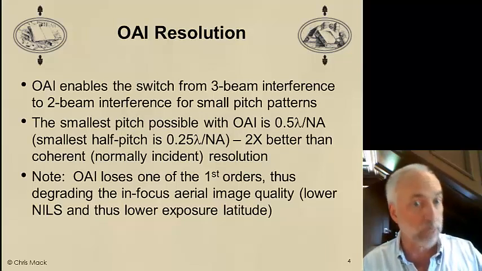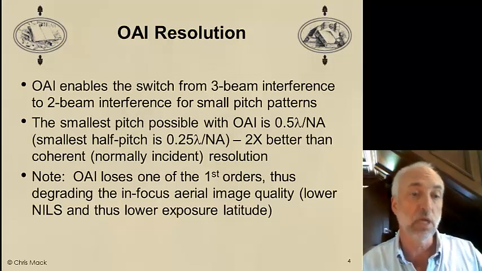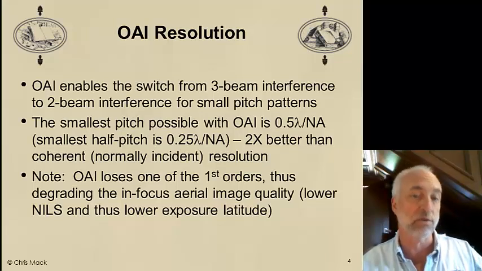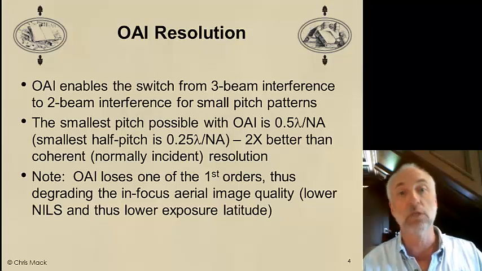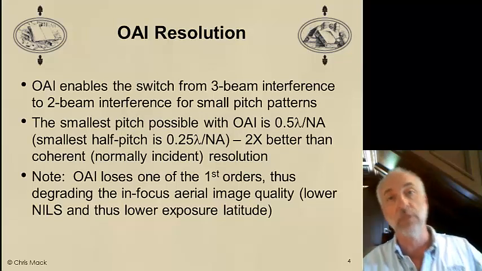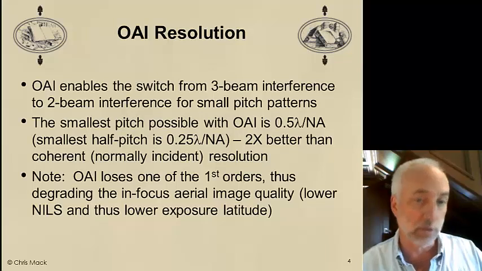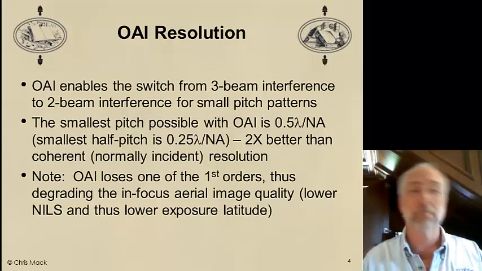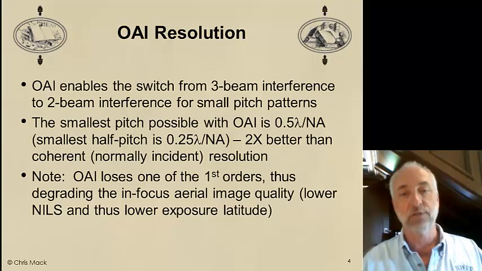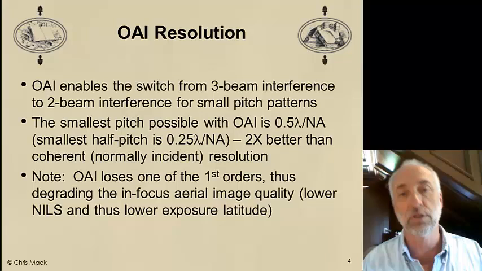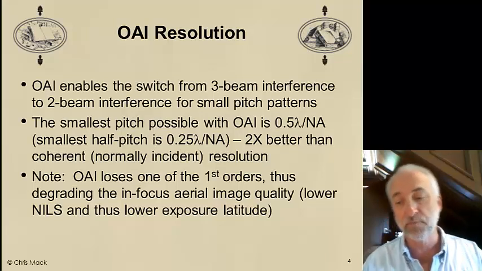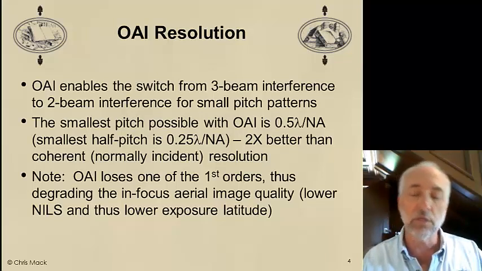The quality, we noted in a previous lecture, is measured using something called the normalized image log slope, or the NILS. And the NILS controls exposure latitude. So by only using 2 beams instead of 3 to form our image, we have a lower NILS, we have less exposure latitude. But it does allow us to have smaller features that still form images, even though 2-beam images are not as high a quality.